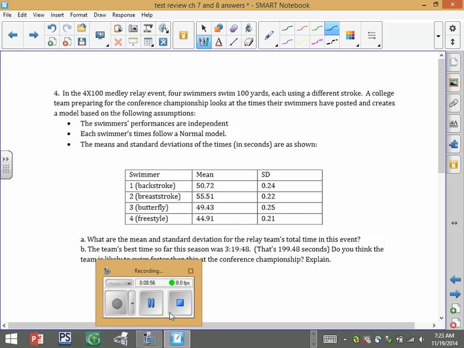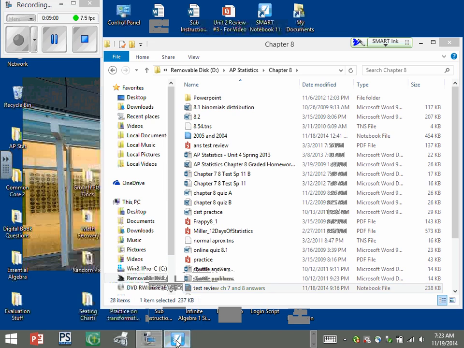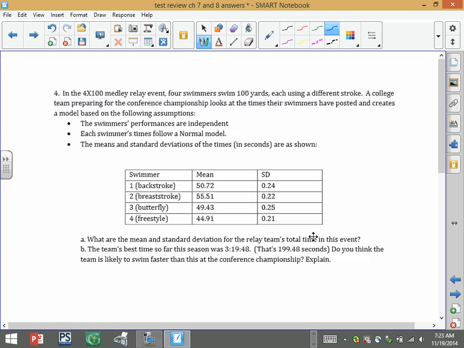In the 4x1 relay, we have these swimmers that are independent. We've got a normal model, and the mean and standard deviation are shown below. So what are the mean and standard deviation for the team's total time in the event? So what we're going to do then is add all of these together.